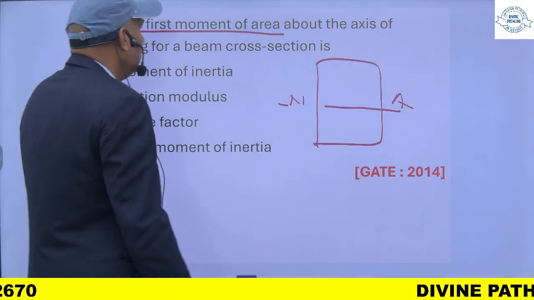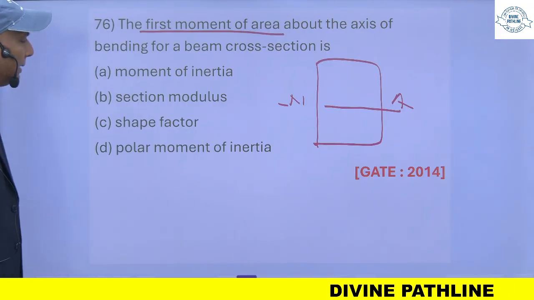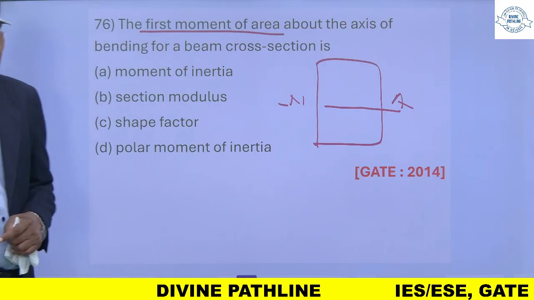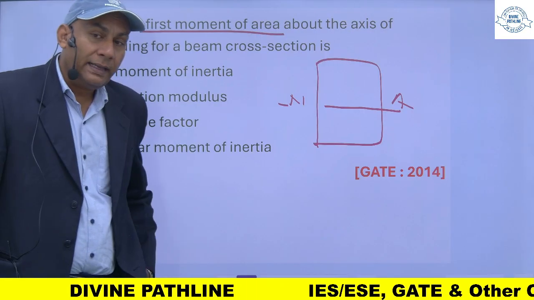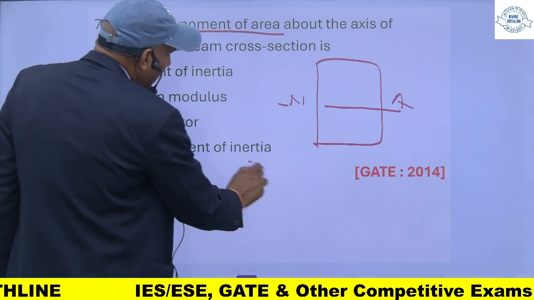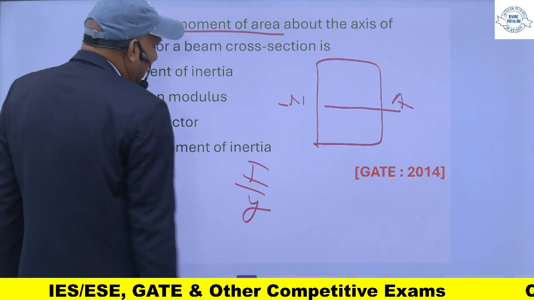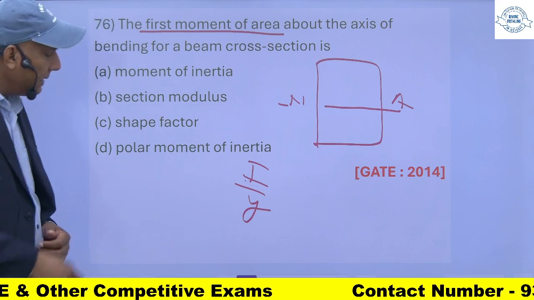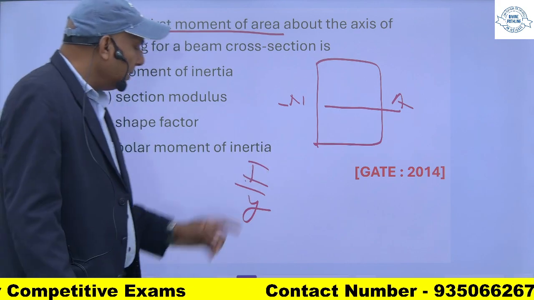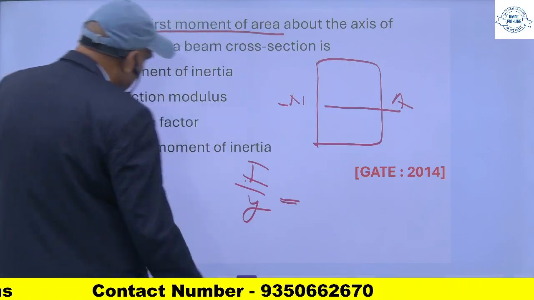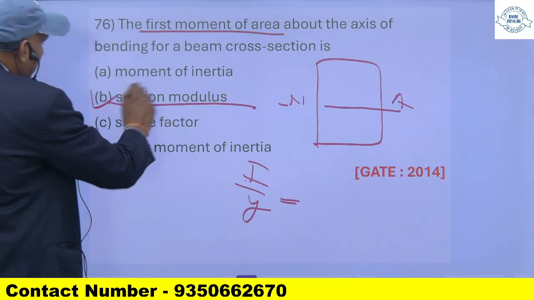Moment of inertia, as we know, is the second moment of area. First moment of area will be I upon y. I is the second moment of area. When I divide this by y, I will get the first moment of area, and this first moment of area will be nothing but the section modulus.